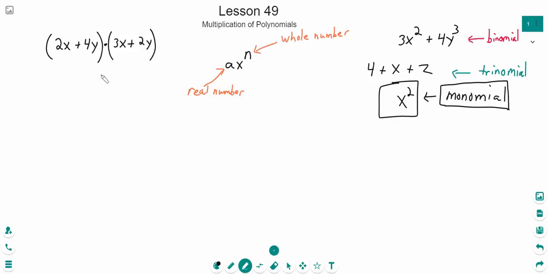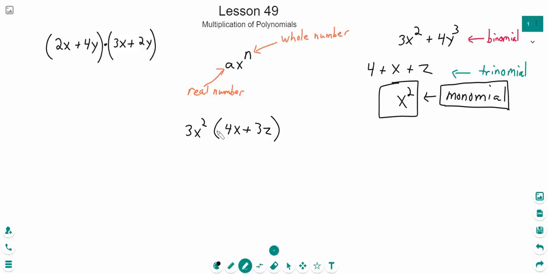So in the past, we've multiplied binomials, but we've always multiplied them by a monomial. So we've seen things like this, 3x squared times 4x plus 3z, for example. We know how to do this.